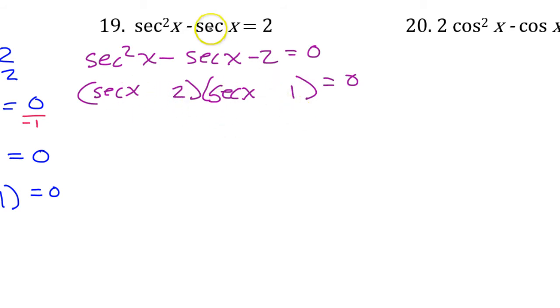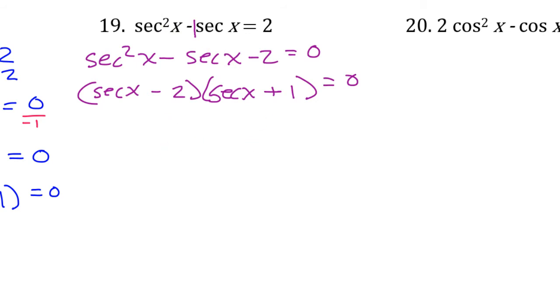Inner plus outer must equal middle. Inner, I have 2 secant x. Outer, I have 1 secant x. I'm trying to get a middle of negative 1 secant x. That will happen if I have a negative and a positive. So there's my negative 2, and here's my positive 1. That makes sense because negative 2 times positive 1 does give me negative 2, so this is correct.